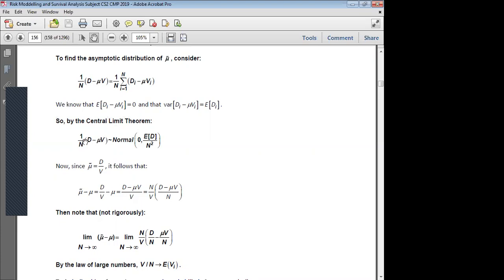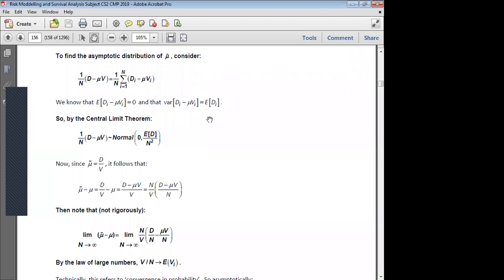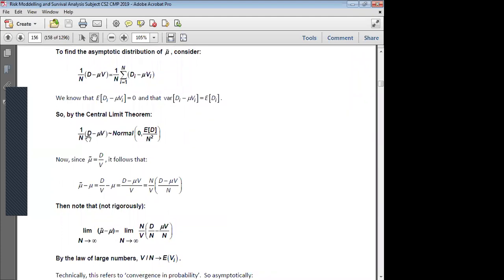And then you can basically say that 1 upon n times d minus mu v follows normal with mean 0, because the mean of this guy will be 0, right? And the variance is what? Expectation of di. Because you have 1 upon n as well, this will go in as the square. So the variance of di minus mu vi upon n is 1 upon n square times expectation of di. This is what you observe as the variance of this particular guy.